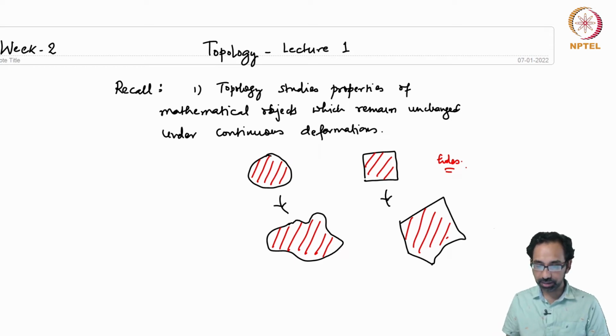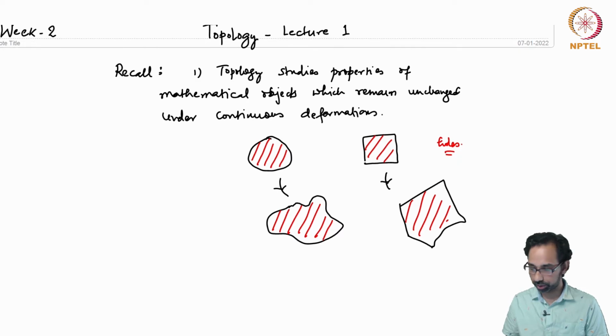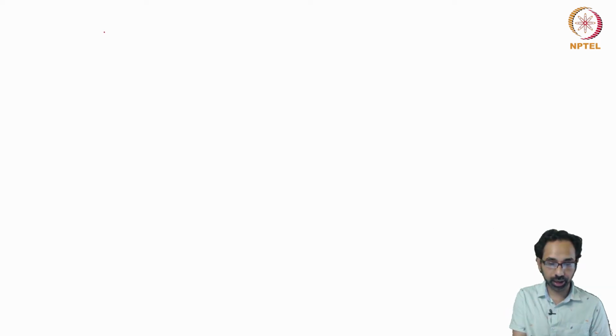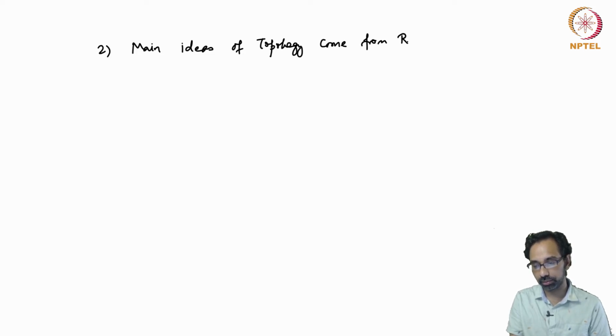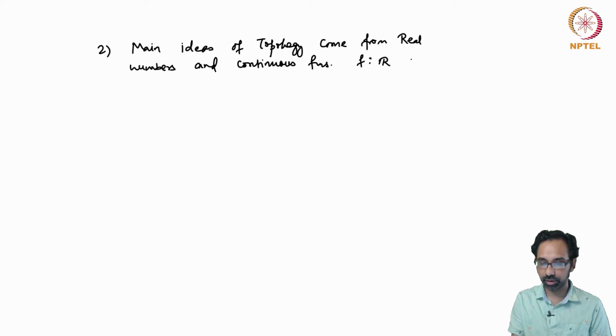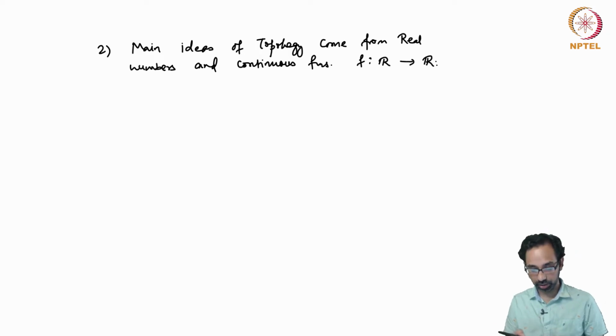So this is the kind of properties that topology studies, and the main ideas of topology come from the study of real numbers and continuous functions, say continuous functions from the real line to itself.